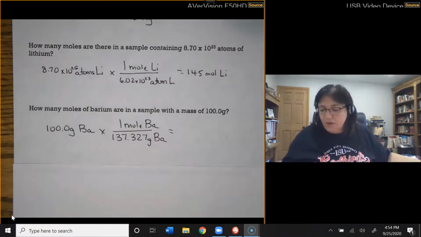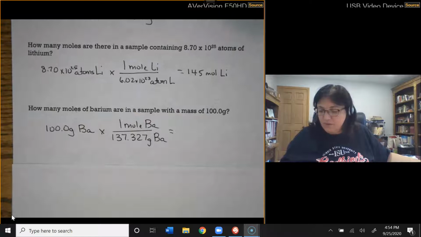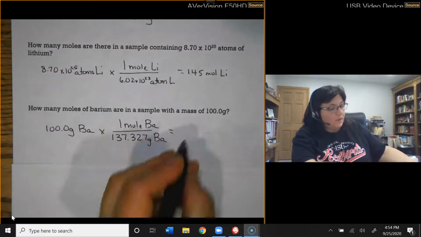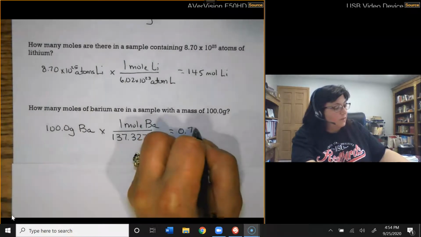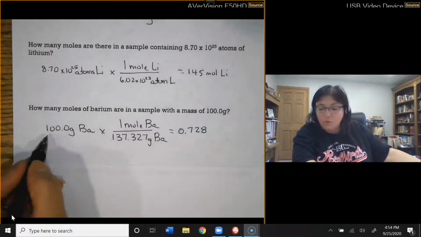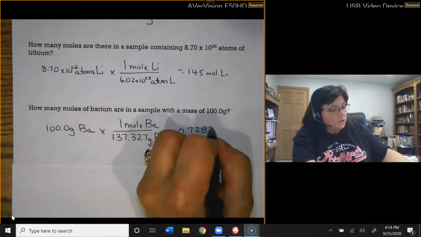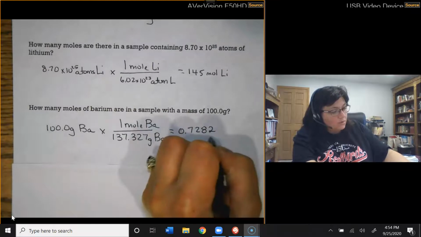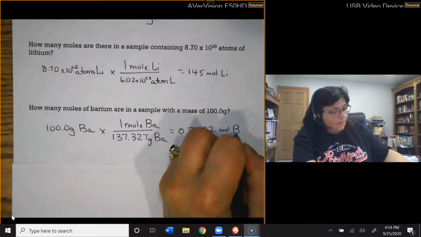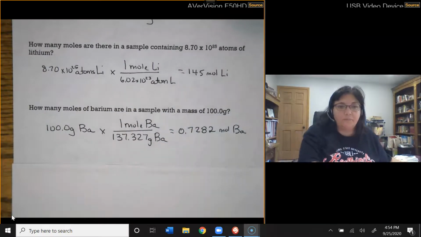So I'm going to do 100 divided by 137.327 gives me 0.728, and I can do 4 sig figs here, 0.7282 moles of barium.